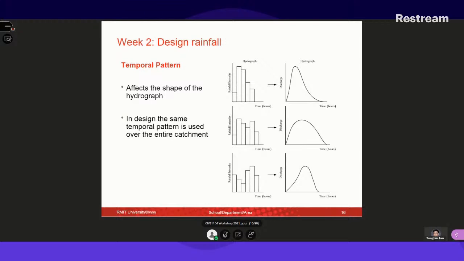You can see the hydrograph is broad because the variation of the intensity is not too large. In this one the high intensity is at the late stage, so the peak flow takes a long time to occur.